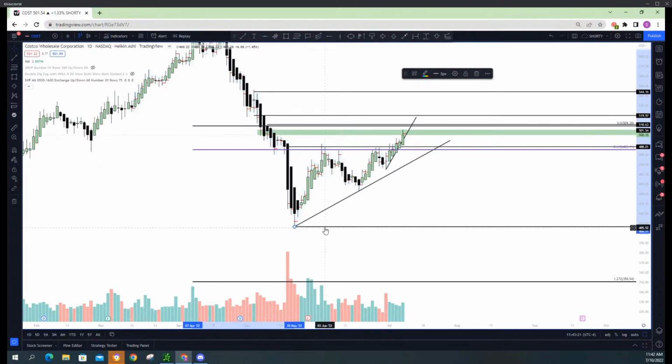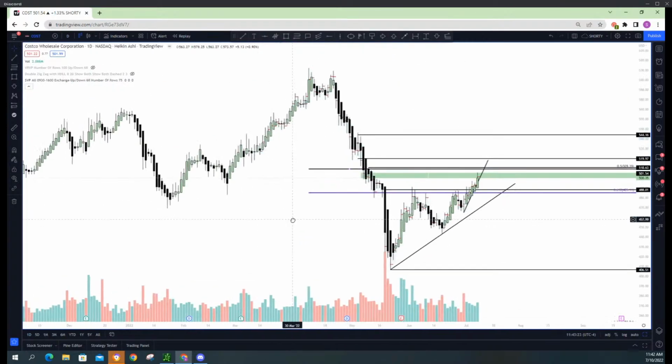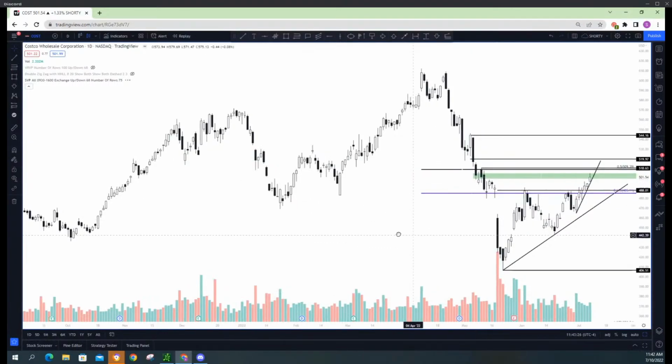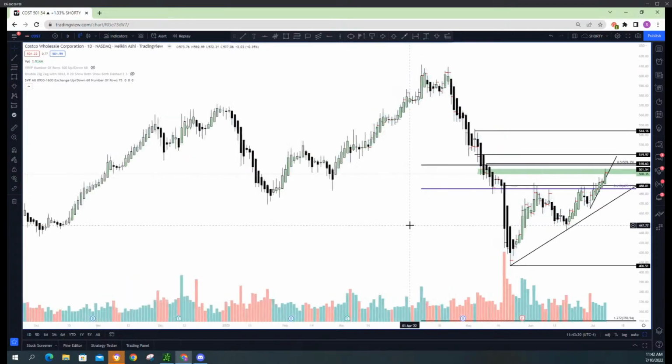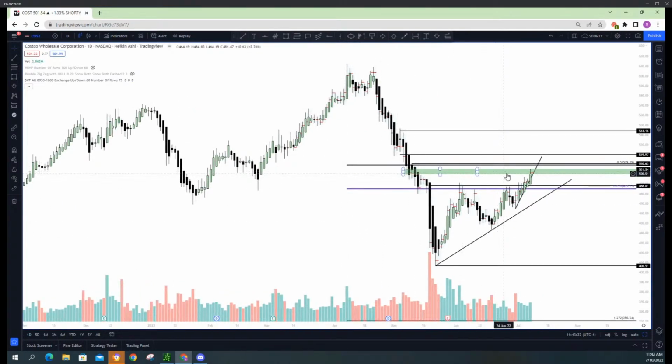Okay, does that make sense? So you just zoom out a little bit, and if you like Heikin Ashi candles, you can use them. Kind of takes out all the noise that you see, and you're able to see clear support and resistance lines on it.